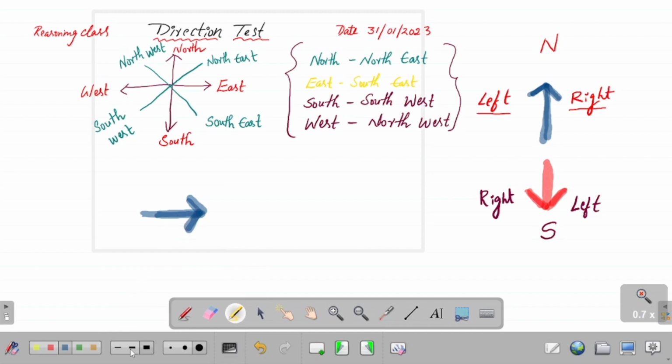So this is the east side. When you are facing towards the east, this is your right side and this is your left side. Clear? So right, now this is completed.